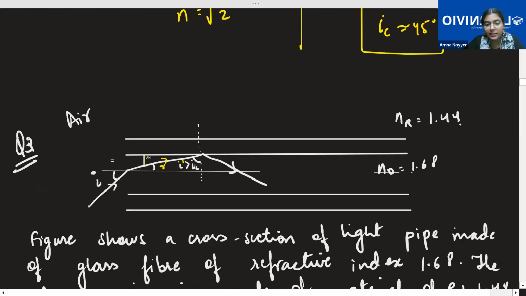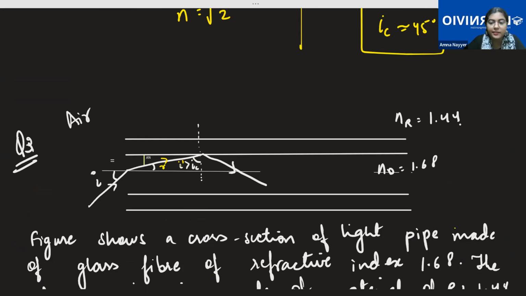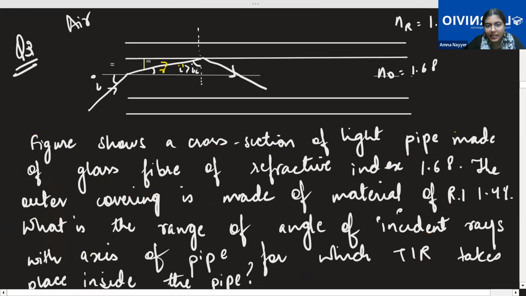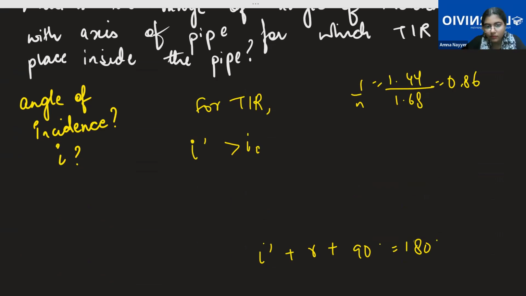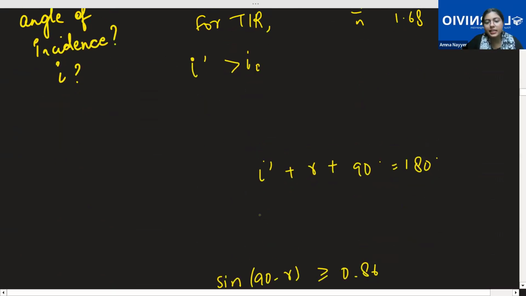Now, if we see the angle I dash, R, and this 90 degrees, can I say I dash plus R plus 90 degrees is equal to 180 degrees? Yes, ma'am. So from here, I dash plus R is equal to 90 degrees.